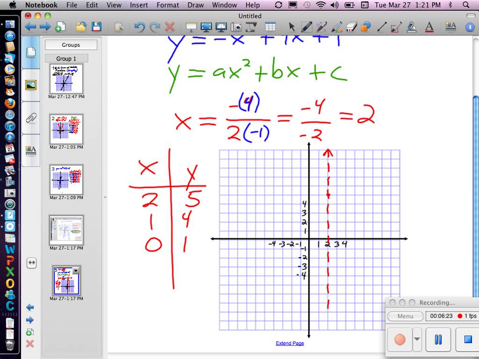And for a quadratic, it's always a vertical line. Now when I plot point 1 comma 4, like I did before, this mirror makes it so that there's also a point at 3 comma 4. When I plot 0 comma 1, the mirror tells me, hey, there's also a point at 4 comma 1. And so now I can make my graph. And there it is.